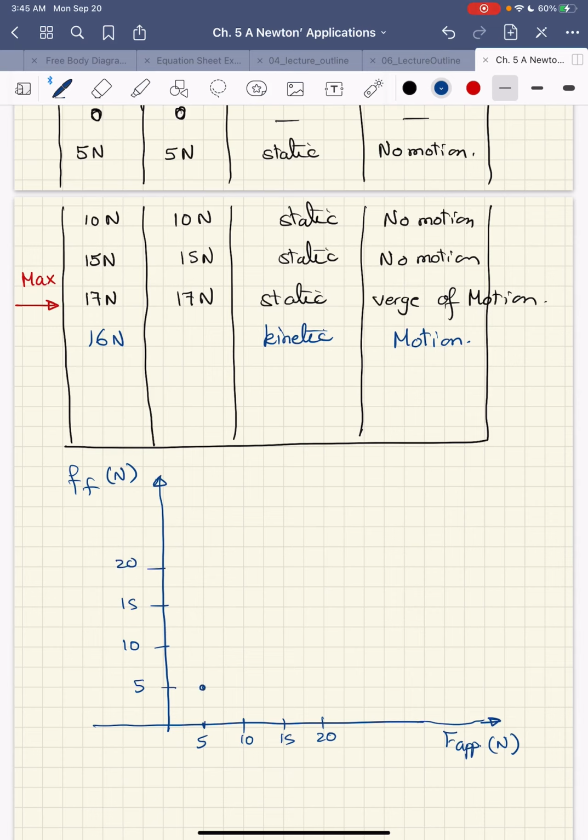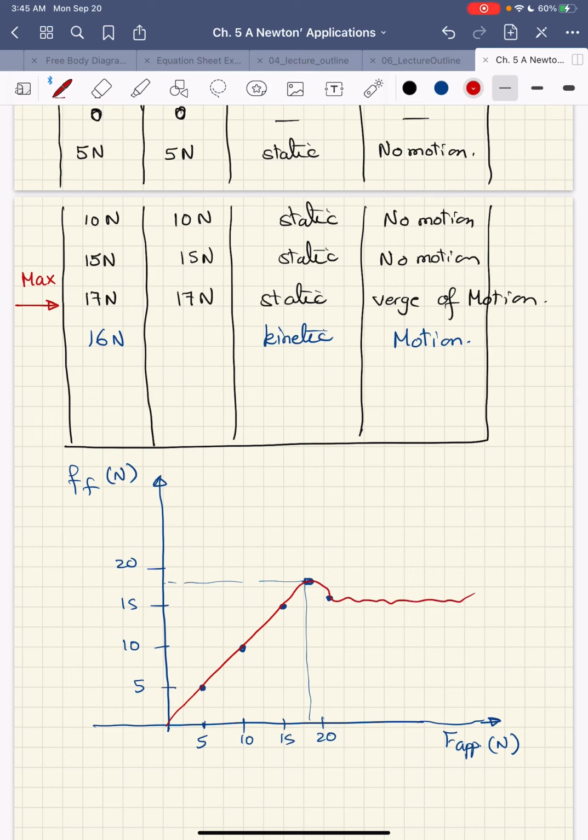And then here, this is my first point, this is my second, this is my third, and we said at 17, like almost somewhere, 17. Okay, and then 16 is somewhere here. Then my graph is gonna look something like this.